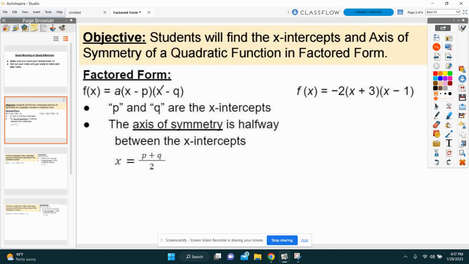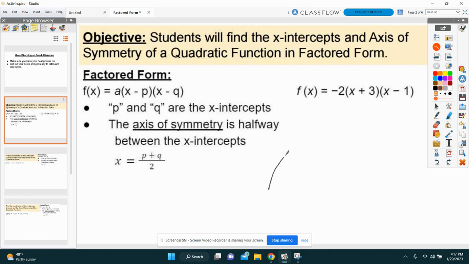This is factored form, and in factored form, A tells us whether the graph is opening up, or opening down if it's negative. It also tells us if it's fat or skinny. The P and Q variables represent the x-intercepts. And the axis of symmetry is the halfway point between the x-intercepts.